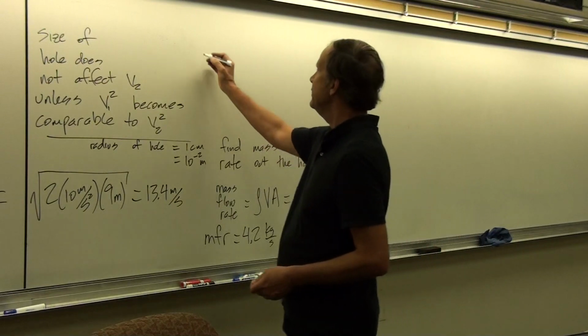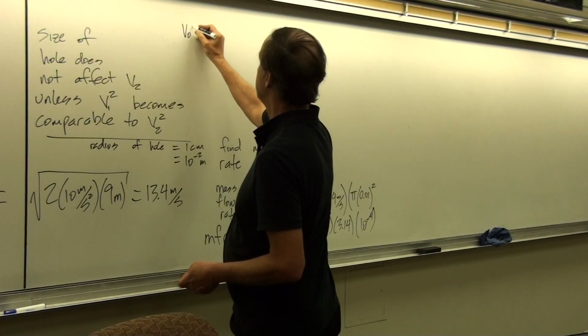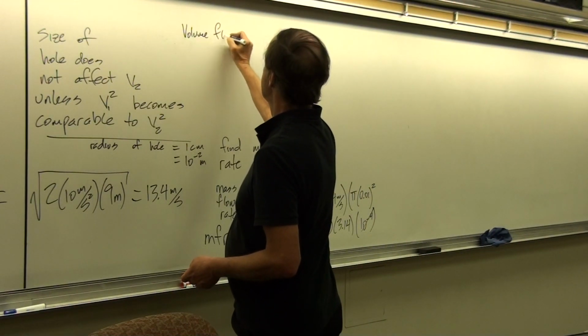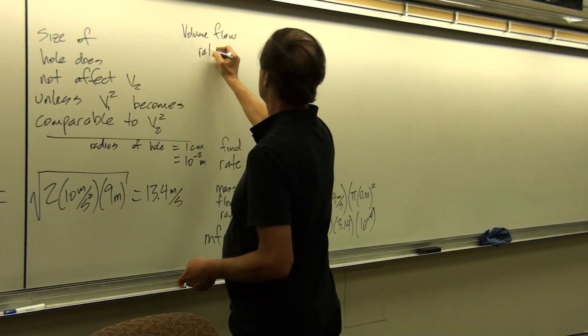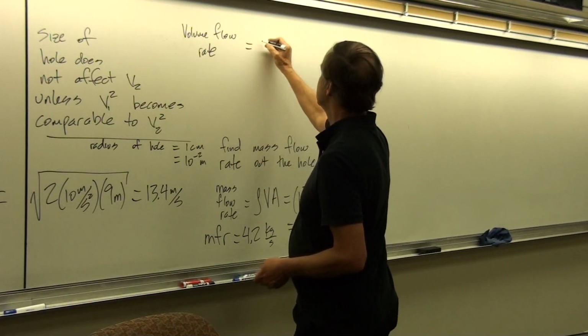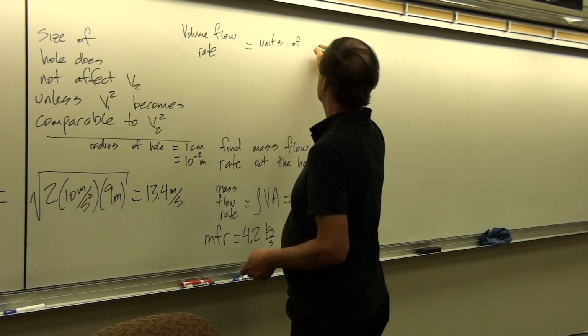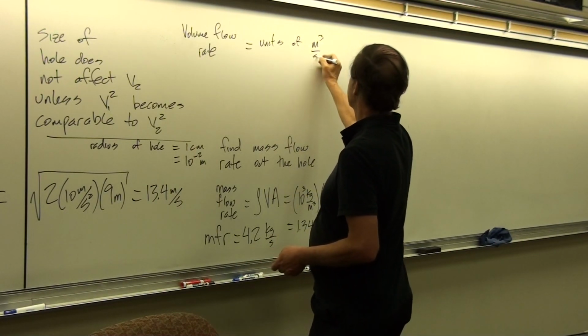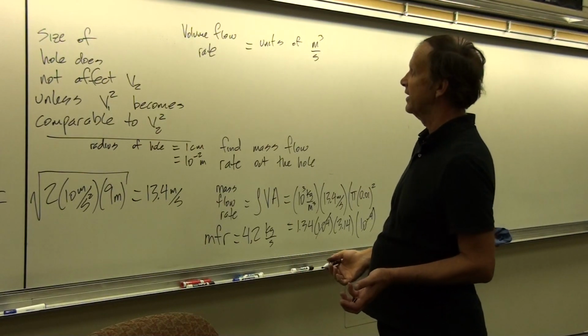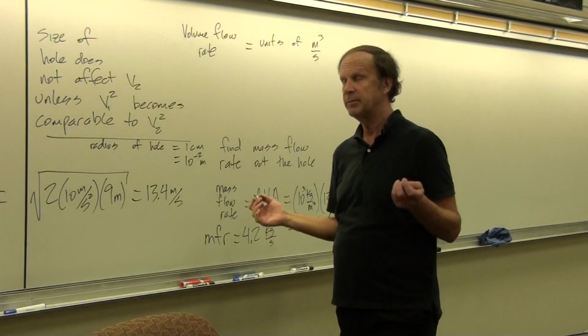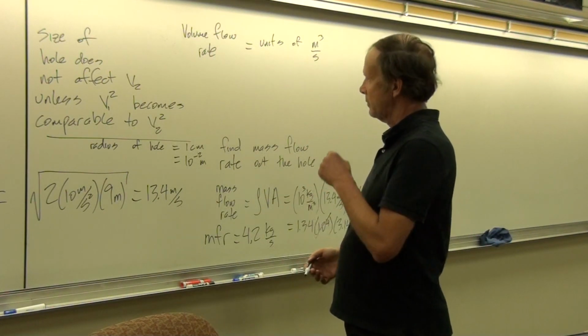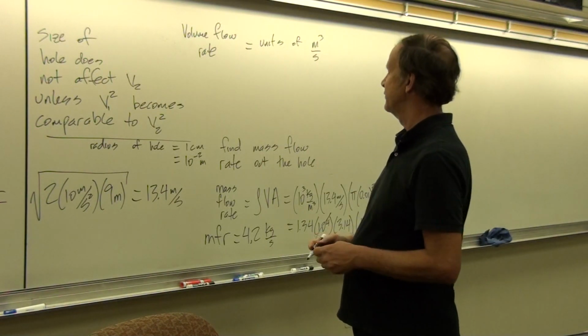What about our volume flow rate? Well, our volume flow rate is in units of meter cubed per second. This could also be in gallons per second, you know, if we wanted to do it that way. But here, we'll do it in our metric system of units.